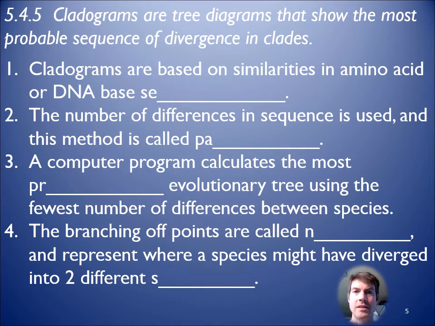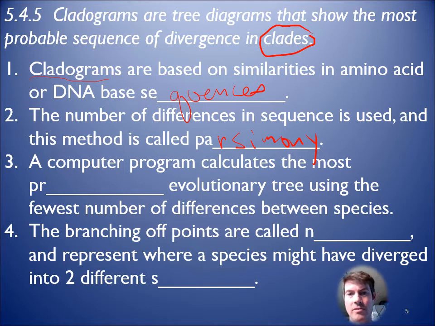So we call these groups clades, and to make these cladograms, we use amino acid or DNA-based sequences and the number of differences. The sequence is called parsimony, which is a fancy way of saying the more differences in DNA, the farther apart they're going to be put on a family tree.